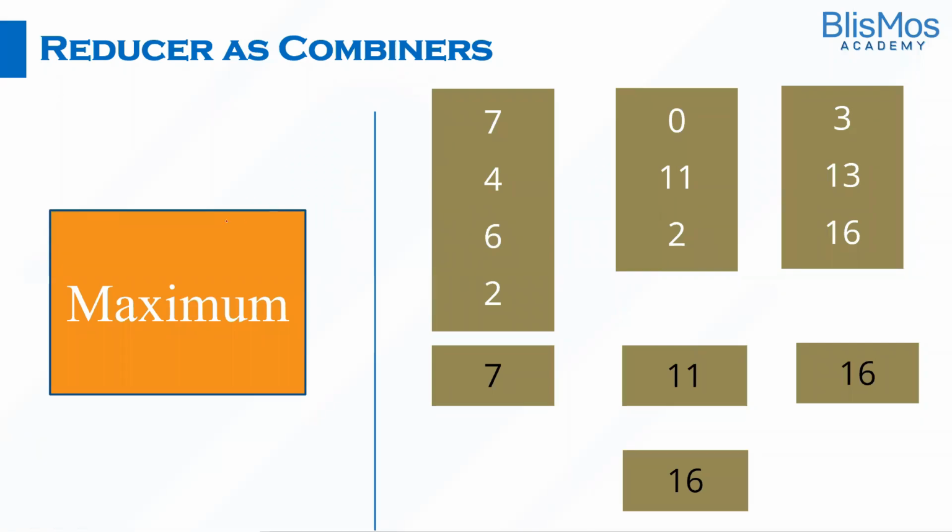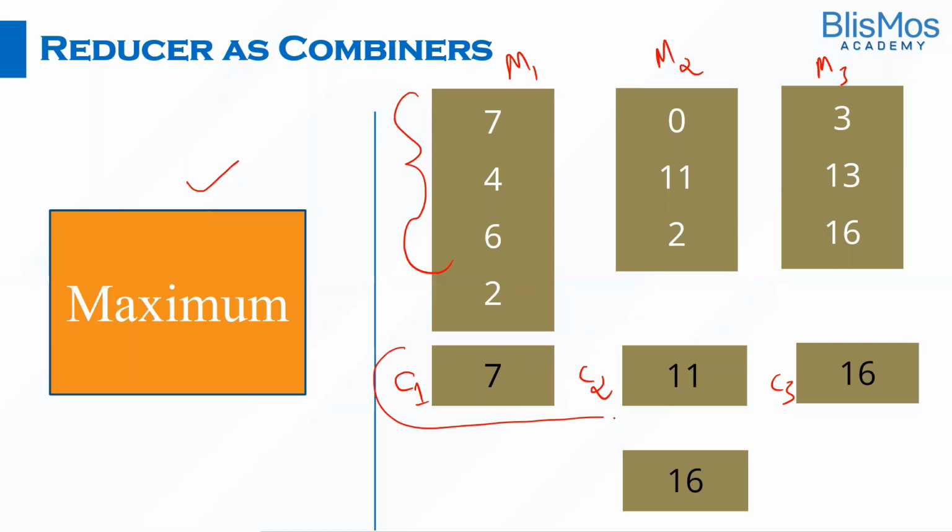Here we want to find the maximum of all these numbers. Let us say these are the output of each of the mappers: mapper 1, mapper 2, mapper 3. These are the combiners C1, C2 and C3. Let us say we do not have combiners.